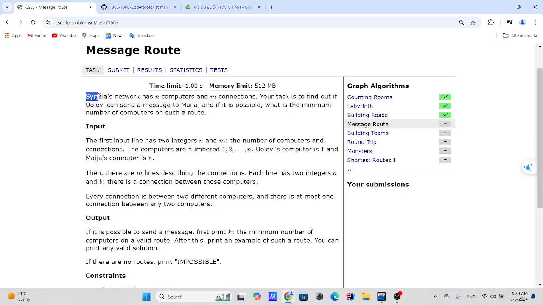Okay, so this must be in Viking's name, right? Syrjälä's network has N computers and M connections. Your task is to find out if Uolevi can send a message to Maija, and if it is possible, what is the minimum number of computers on each route.